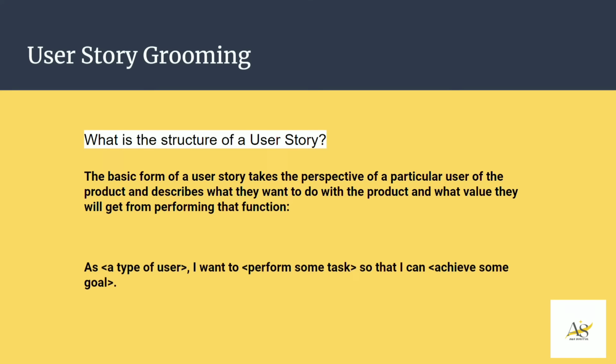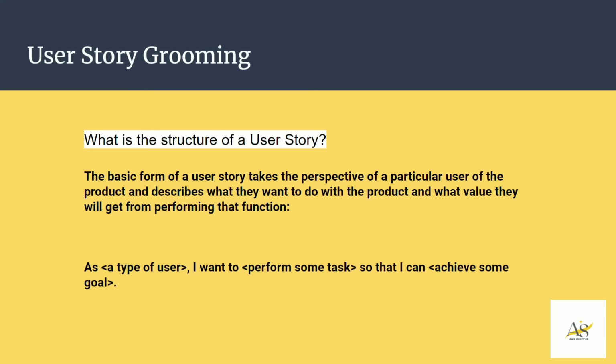Now, what's the structure of a user story? And that's the most important part, in my opinion. The basic form of a story takes the perspective of some particular user, of what they expect from it. They describe what they want to do with the product, and very importantly, what value they think they will get from performing that function.